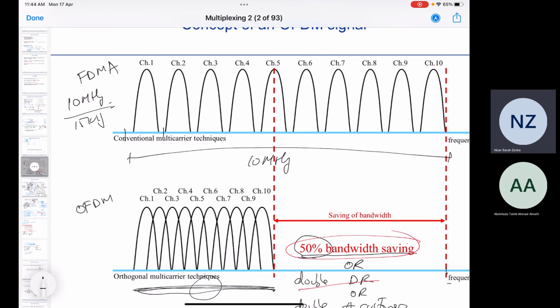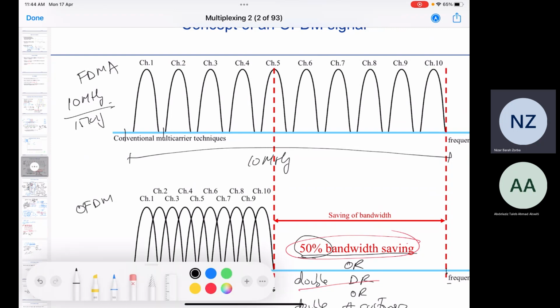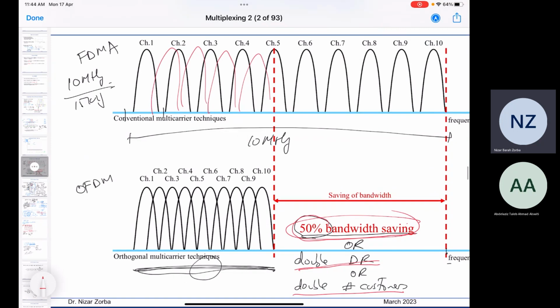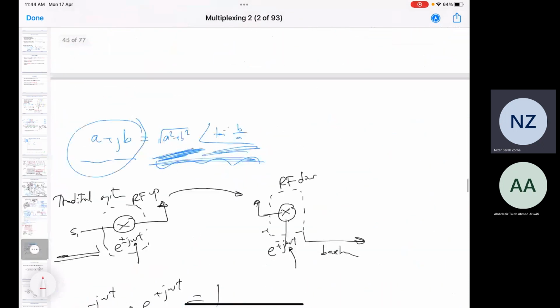So wherever we fit 10, we will fit more, reaching 50% bandwidth saving, or double the data rate, or double the number of customers.